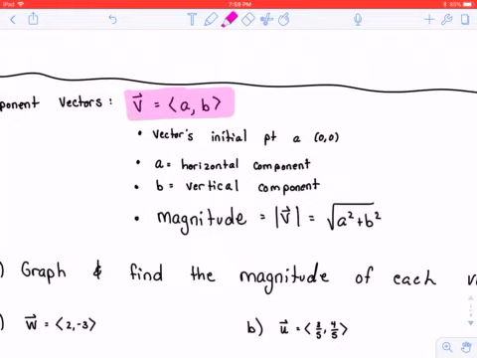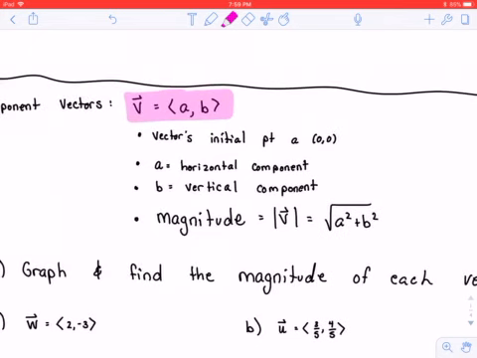The rule isn't necessarily that a component vector has to have this initial point, but when we do the math with component vectors, that's where you want it. So I literally just state, when we do a component vector, make sure that initial point's at 0, 0. Just put it there. And then we have our horizontal and vertical components, which are like your x, y values. And then we can find a magnitude as well, which I'm going to get to in just a second.